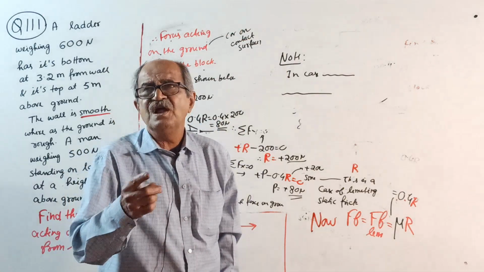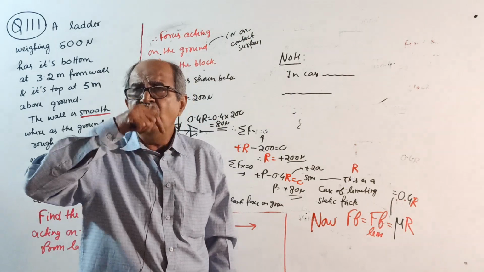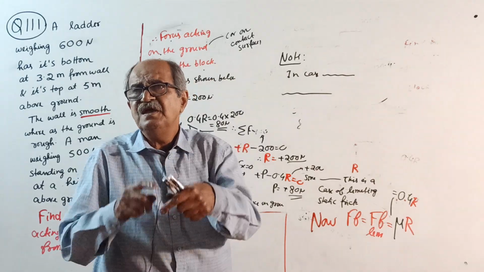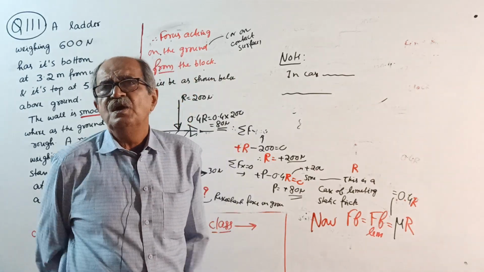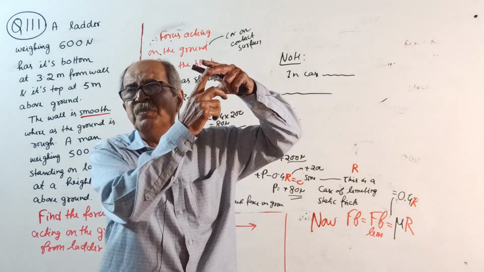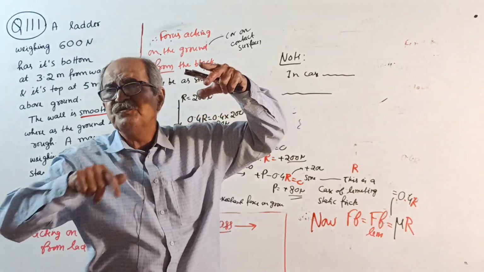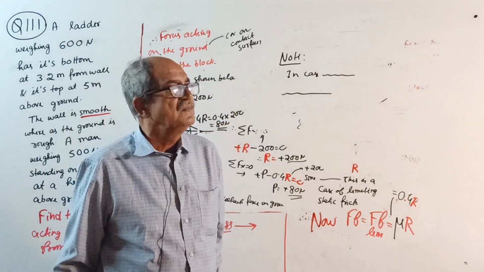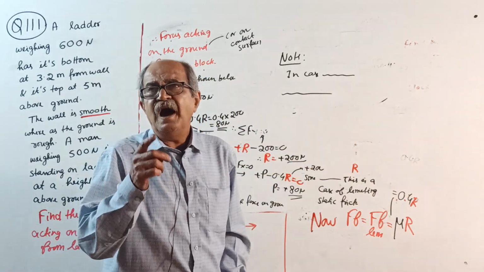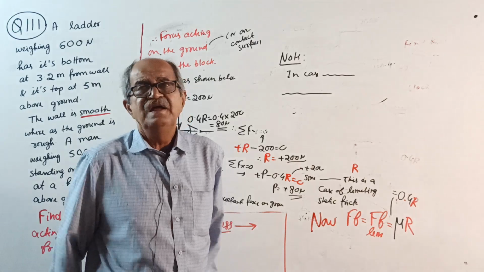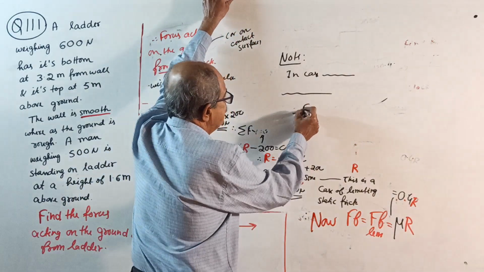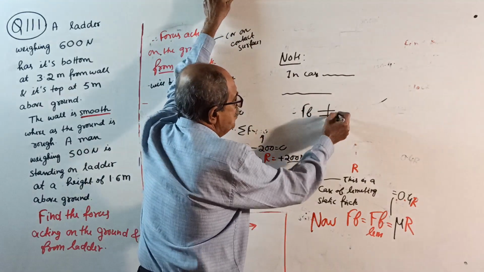It is the force transferred, the force acting on the support. The force acting on the support is equal in magnitude but opposite in direction to the reaction on the block from the support. And in case of friction, make a note: unless it is given that it is a limiting friction case, the frictional force FF is not equal to mu R.